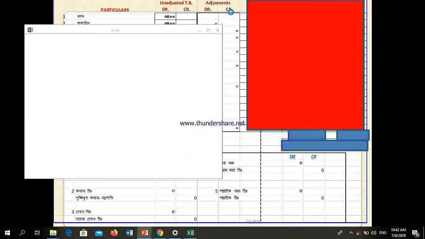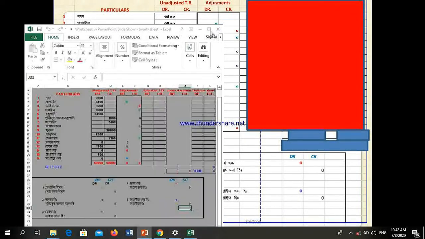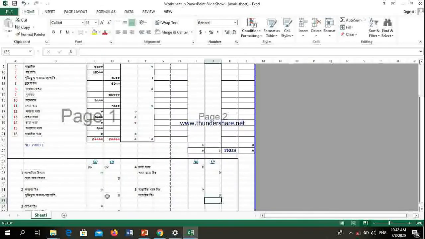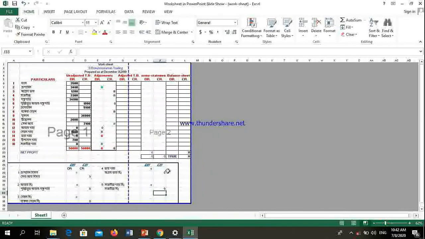So let's go to the Excel sheet for better understanding, and we will understand very clearly by applying the respective process. So look at the Excel sheet.